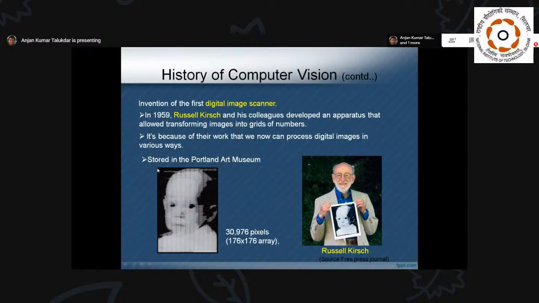Now this is the first digital image, we can say, that was captured. It was of 30,976 pixels, and its size is about 176 by 176. He was the son of Russell Kirsch, and now this image is stored in the Portland Art Museum. So this is one major invention in this field.